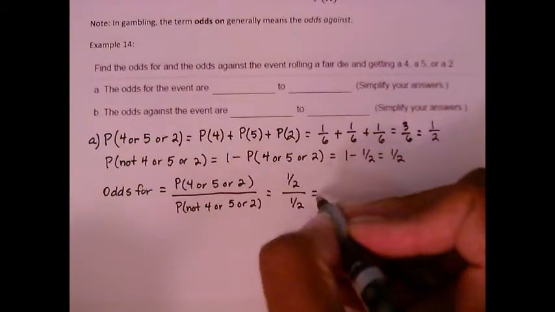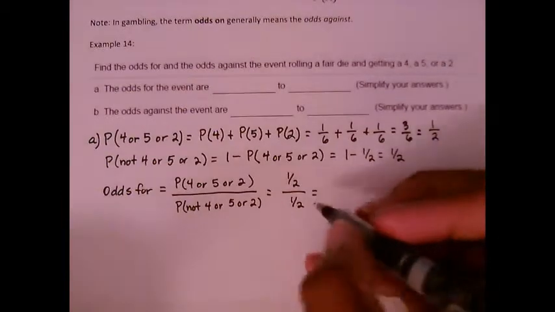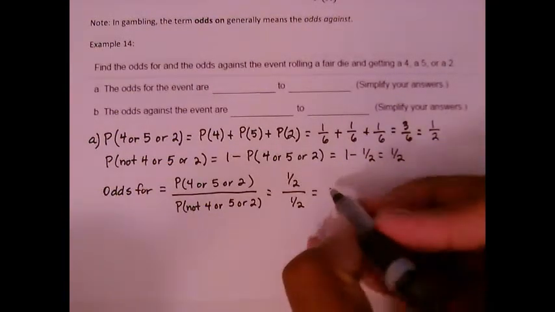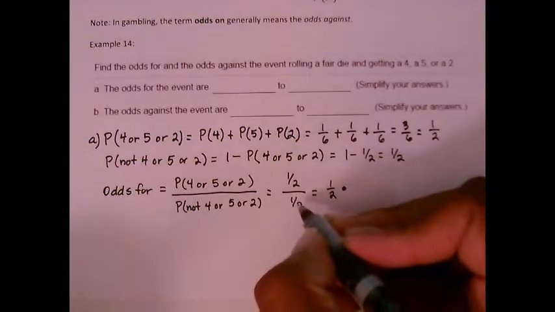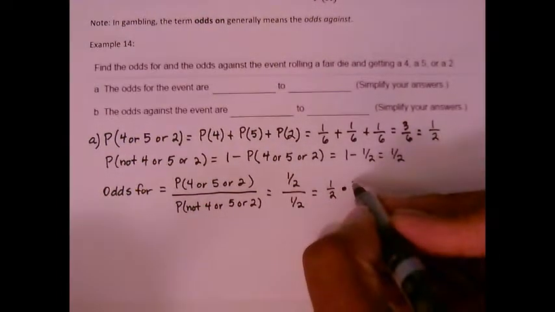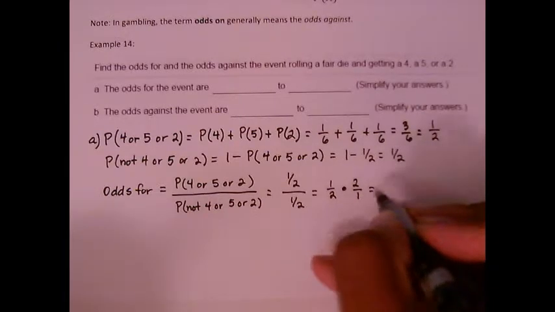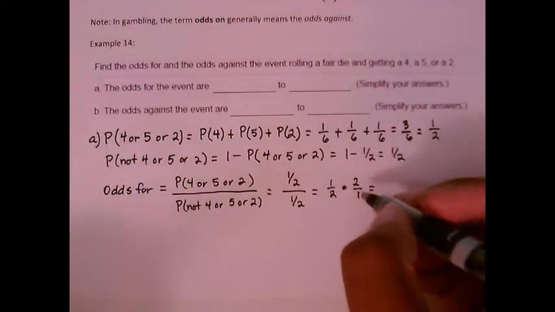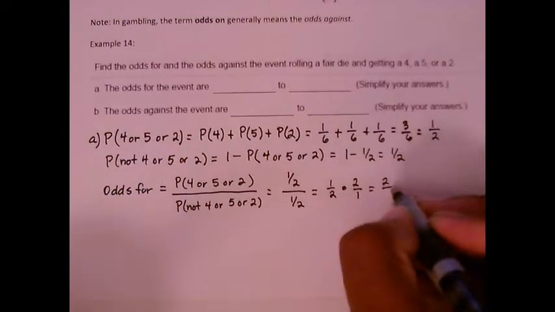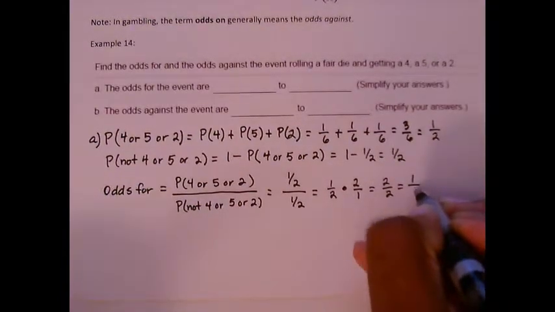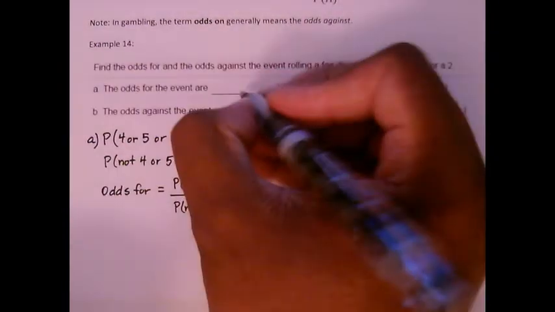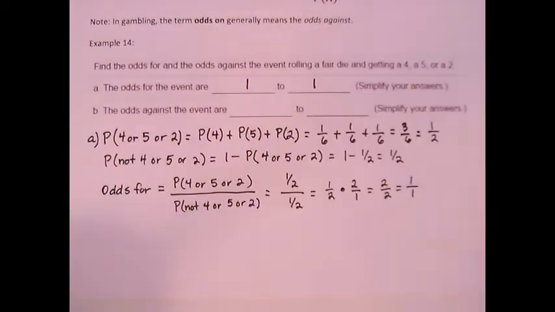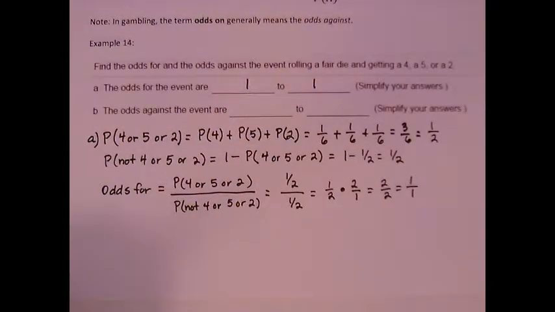That's 1/2. Now if I do 1/2 divided by 1/2, when we divide fractions, we have to multiply by the reciprocal of 1/2 in the denominator, which is going to be 2. So if I do 1/2 times 2/1, this will be 2/2. Reduce that, will be 1/1. So the odds for the event are 1 to 1.